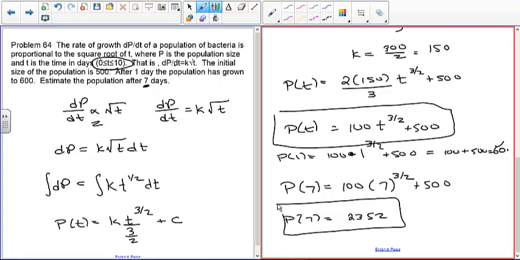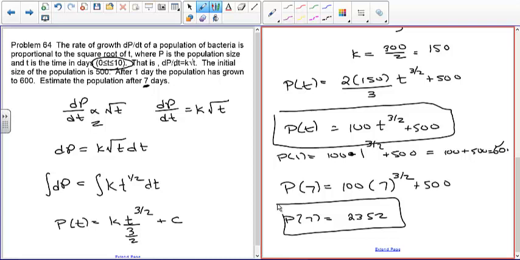That gives you your general solution. Then you apply your initial conditions to find your arbitrary constant c. Once we had c, then we could use the second piece of information to figure out what k is. Once we had c and k, we had the actual population as a function of time. And then we can apply it.